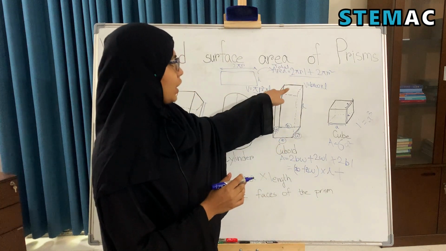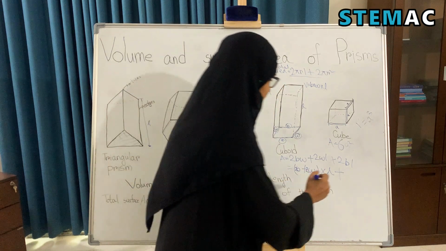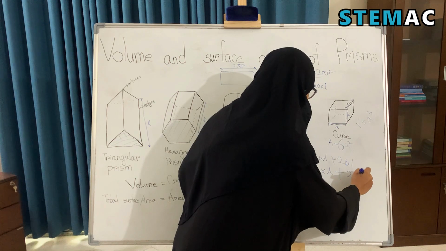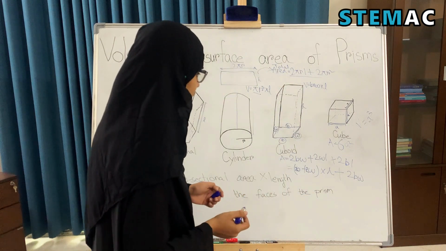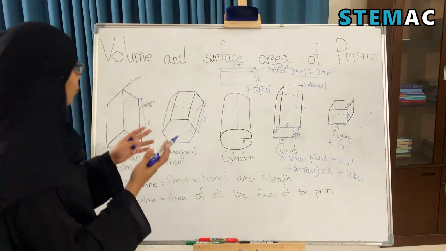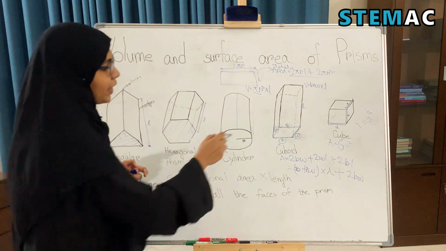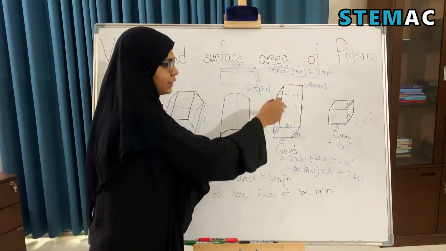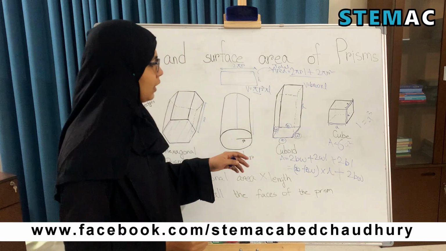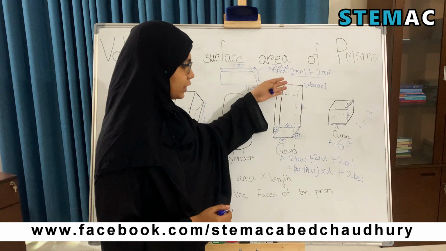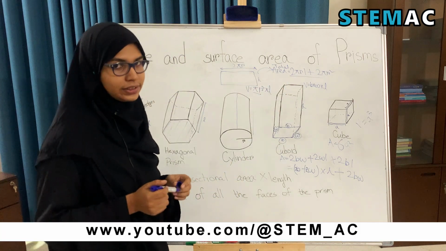The cross sections are at both ends, that's why 2 into BW. So we can also write the area of a prism as the perimeter of the cross sectional face into the length of the prism, plus the area of the cross section at both ends.